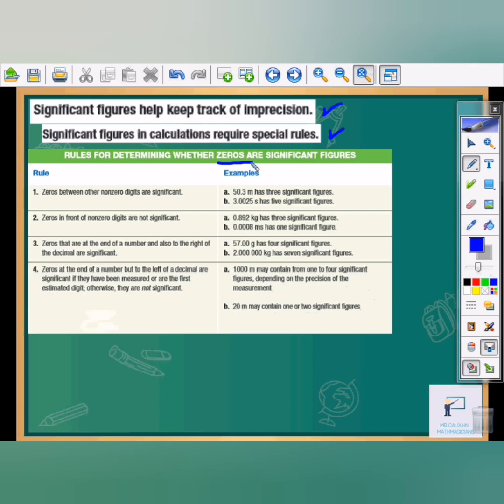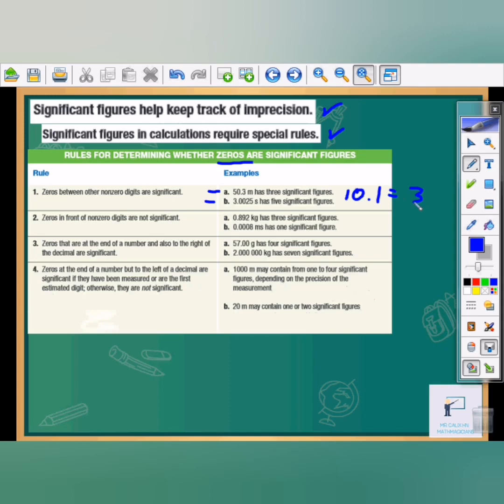Number 1 says, zeros between other non-zero digits are significant. As you can see, you have 2 examples here. Another example can be, for example, let's write it here, 10.1. Okay, as you can see, you have a 0 between other non-zero digits, indicating that you have 3 significant figures.